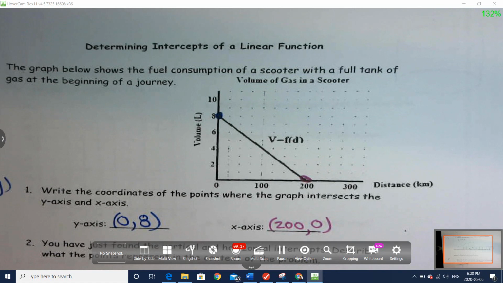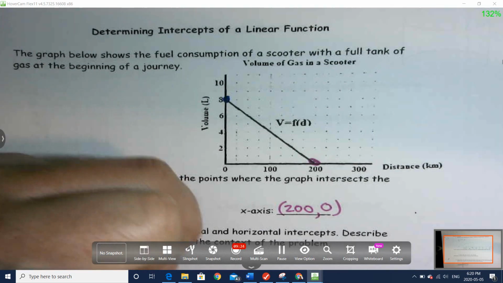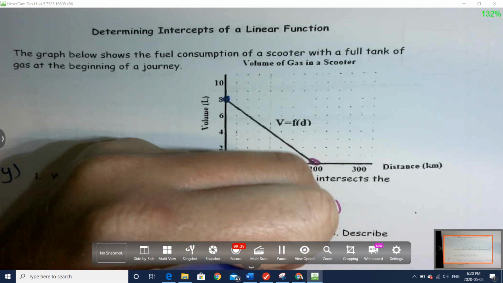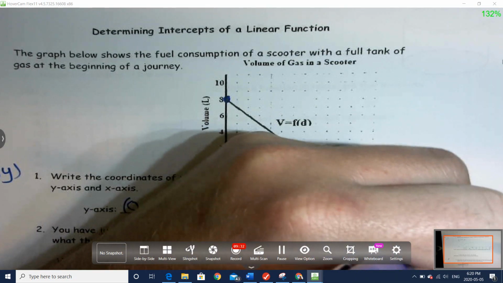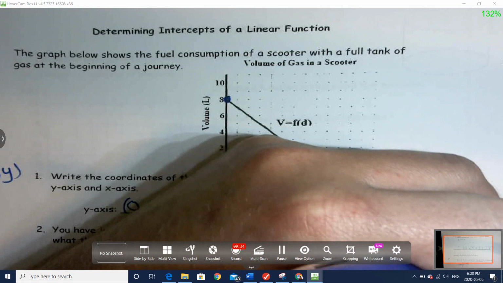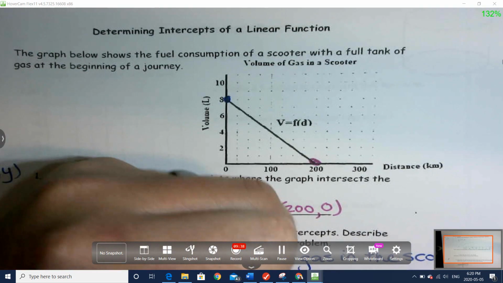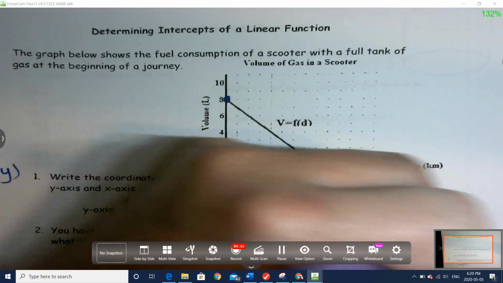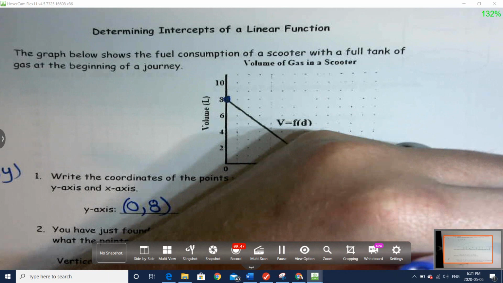You've just found the vertical and horizontal intercepts. Describe what the points represent in the context of the problem. So what this means in context, I have to write a little sentence here. The amount of gas in the scooter at the beginning of the journey, which was 8 liters.